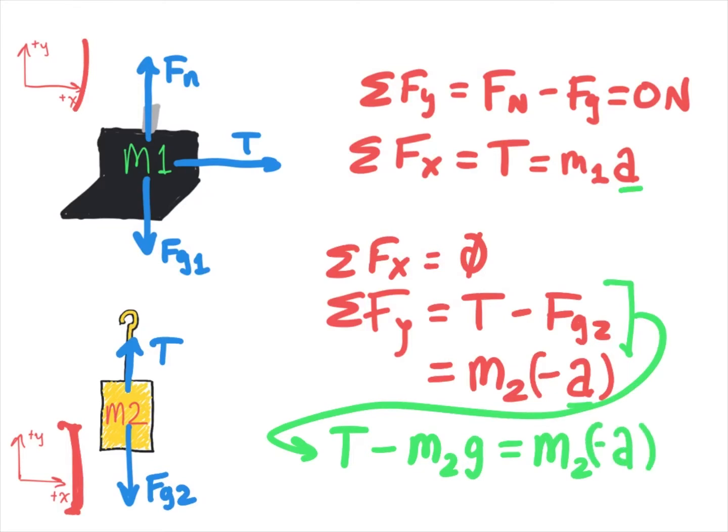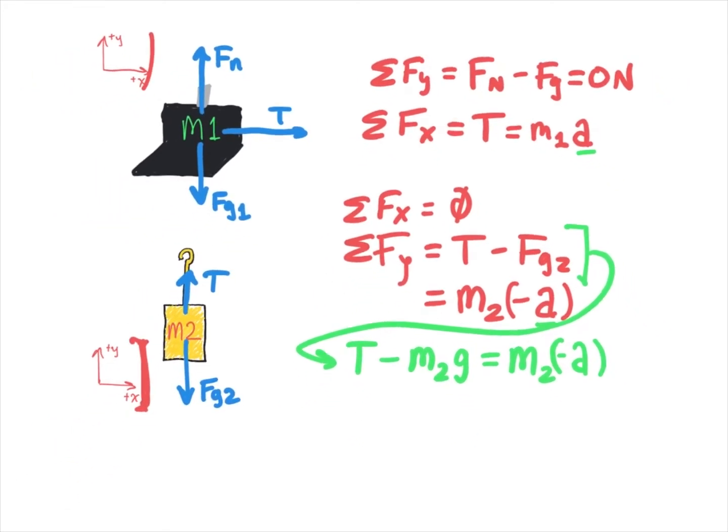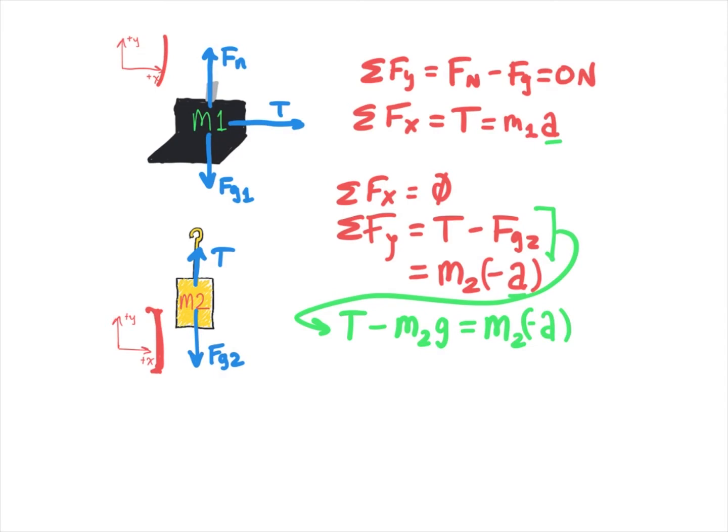Now, knowing that from the equations for mass m1, the tension in this system is equal to mass 1 times the acceleration, I can replace tension for mass 2 with that same expression. And so now I get something that simplifies like this.